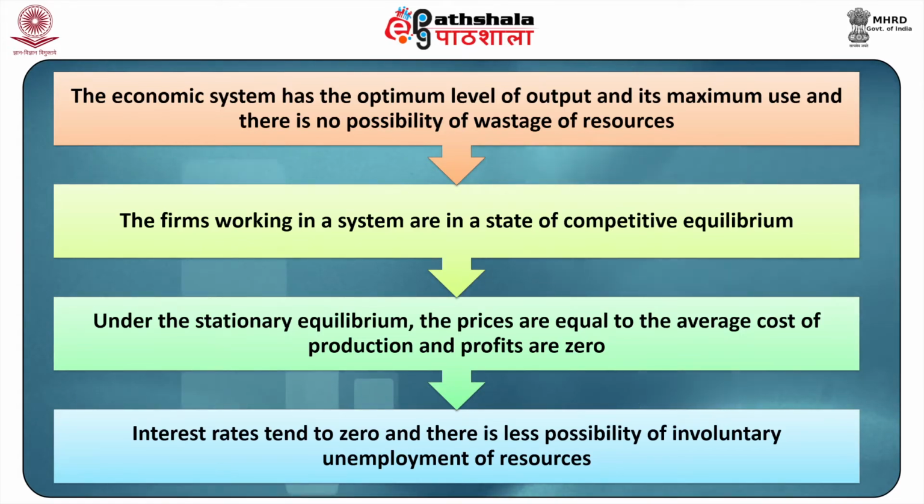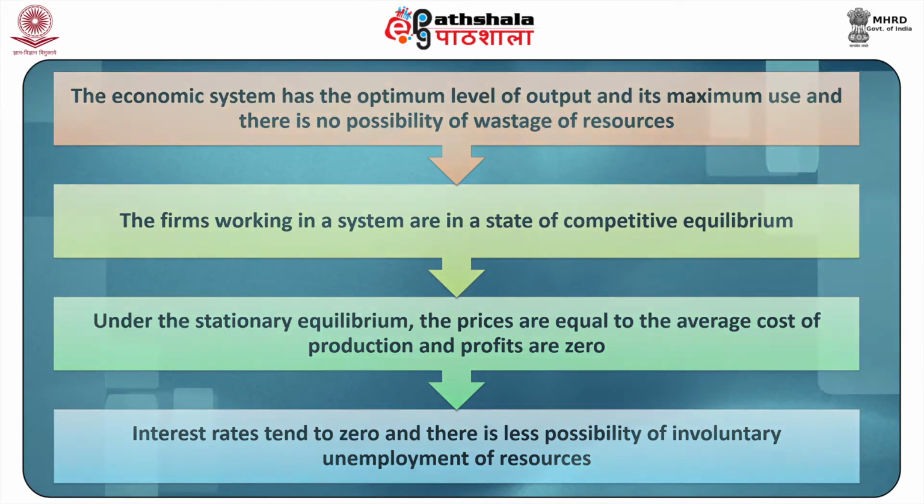Fourth, the firms working in a system are in a state of competitive equilibrium. Lastly, under the stationary equilibrium, the prices are equal to the average cost of production and thus profits are zero. Interest rate tends to be zero and there is less possibility of involuntary unemployment of resources.